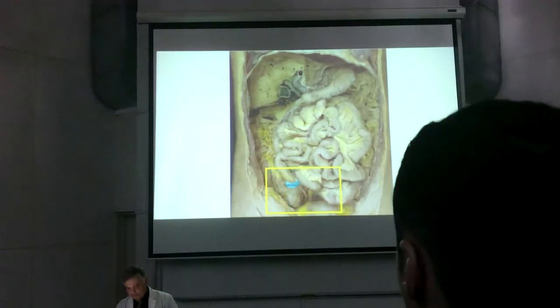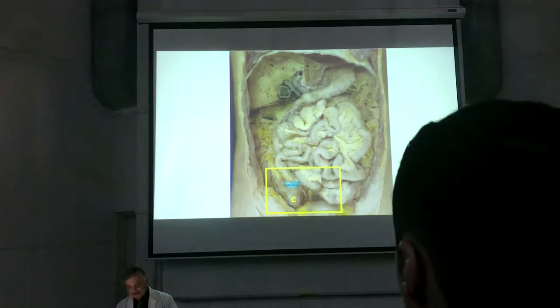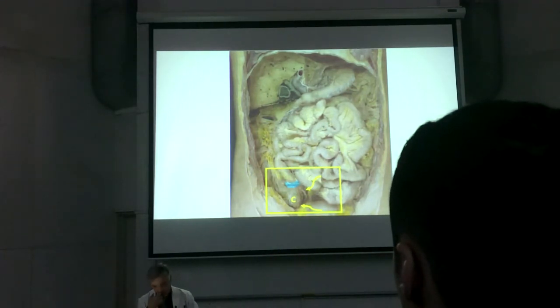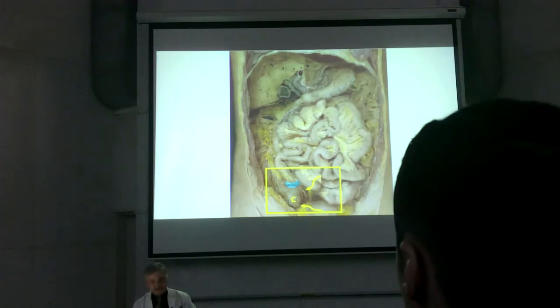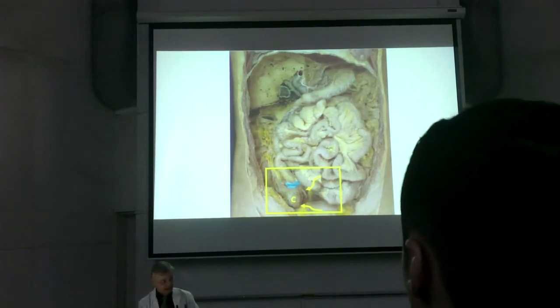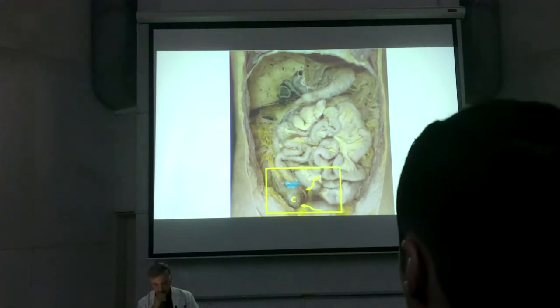If you come to the pelvis, this is the cecum. There are paracecal little pouches. Sometimes the intestine gets into these pouches and they get blocked. So we talked about the lesser sac and the greater sac, and now we are talking about the little pouches here and there.